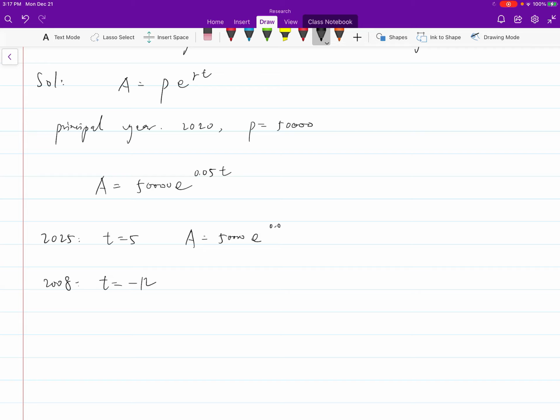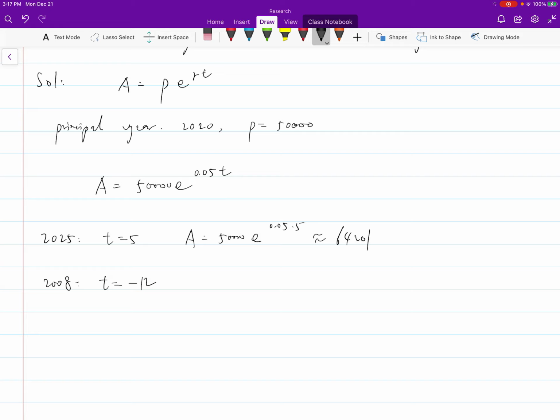50,000 e to the r times t, which is 0.25. There are some decimals, we just round it. Okay, we're talking about people here.